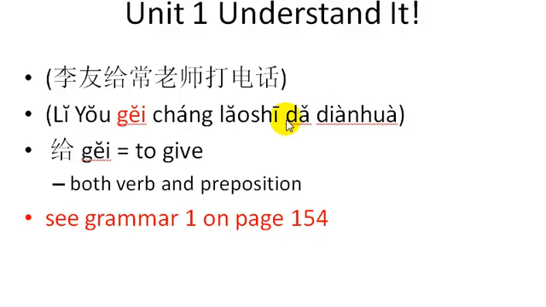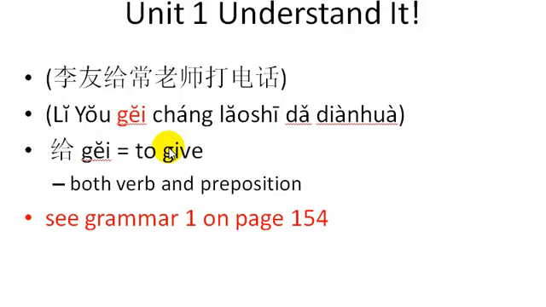This is a verb, 打电话. So this action is being performed by 李友 towards 常老师, and so we have this 给 in the middle as a preposition. So it could be like to. 李友 to 常老师 does something. So let's take a look and see what she's doing.